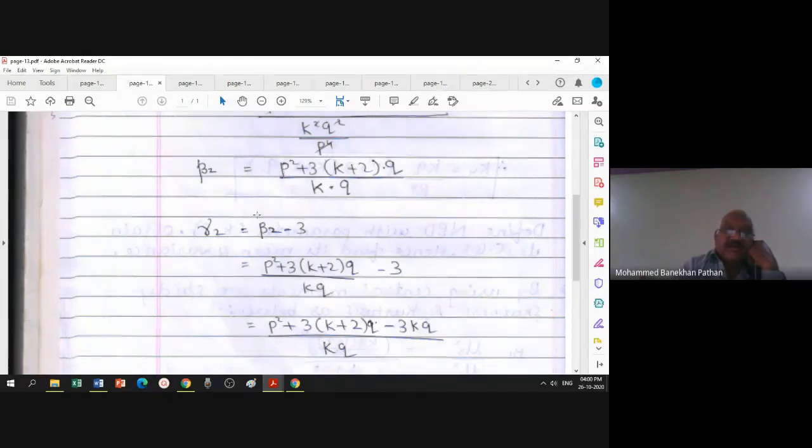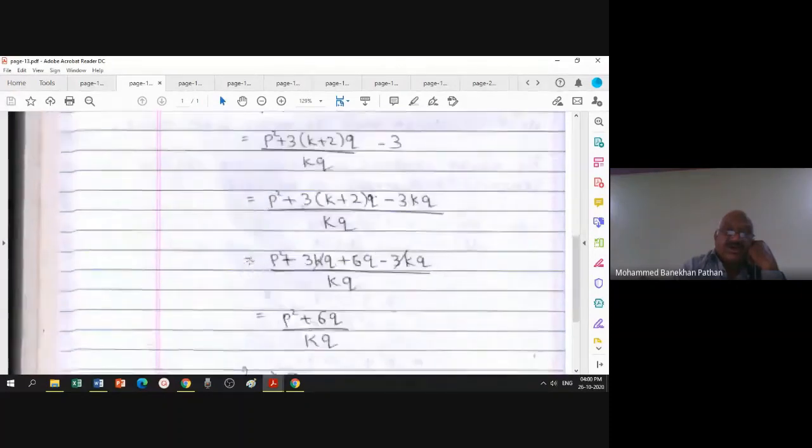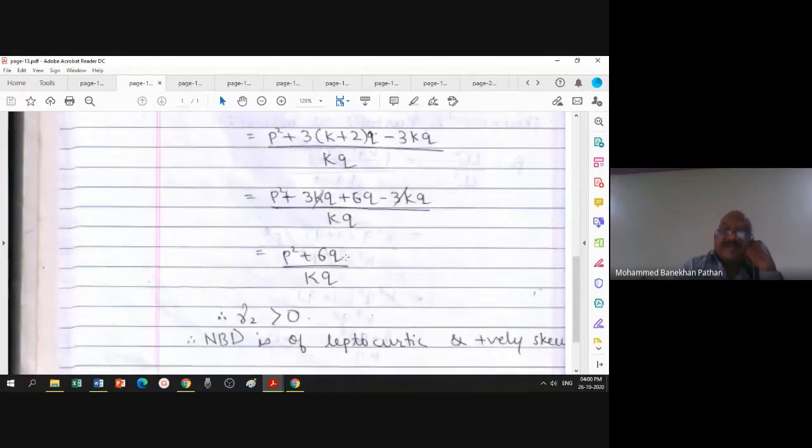We take limit of gamma 2. And gamma 2 does not involve k in the numerator. And that is why limit of gamma 2 as k goes to infinity, this denominator becomes infinity. Anything divided by infinity becomes 0. And that is why as k goes infinity, beta 1 goes to 0, gamma 2 also goes to 0.